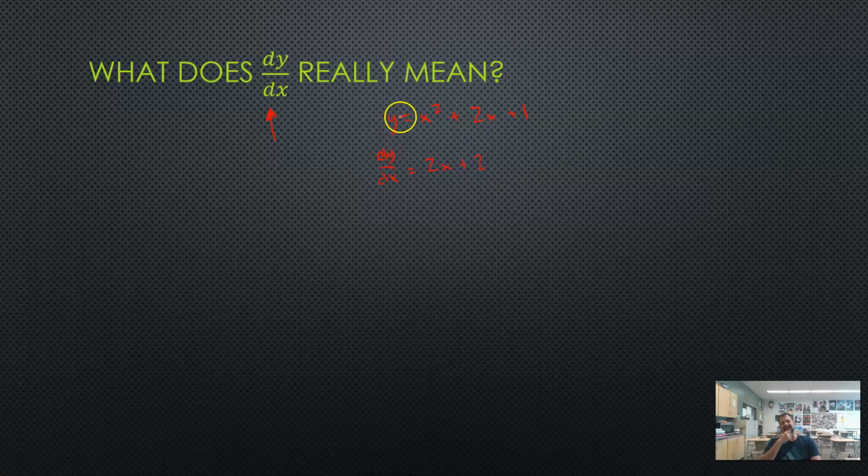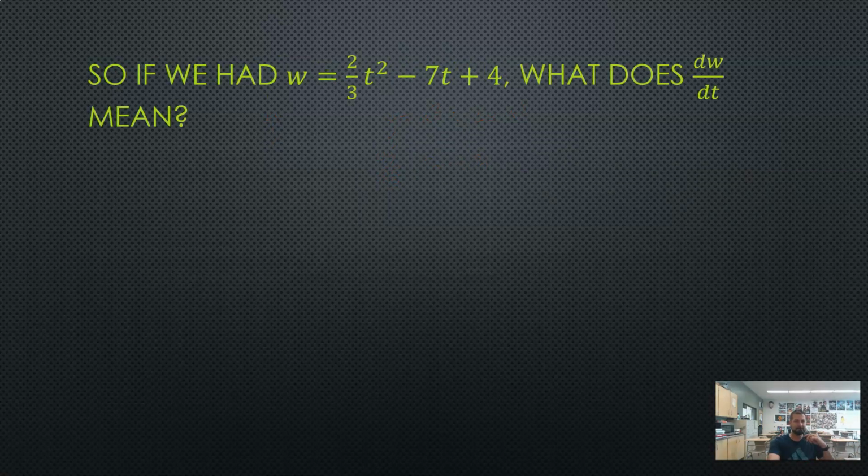All that's saying is I took the derivative of y, and y was equal to, on the right-hand side, some sort of equation or statement that has x's in it. So dy dx is the derivative, but it's telling us what the variables in the original function had to be. Had to be a y, had to be an x, okay?